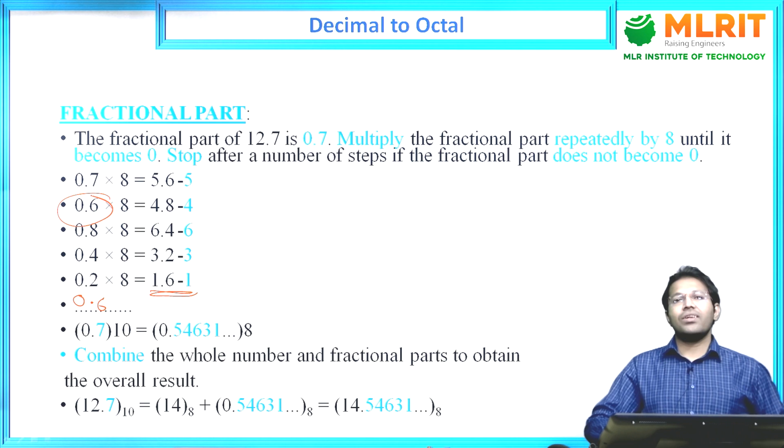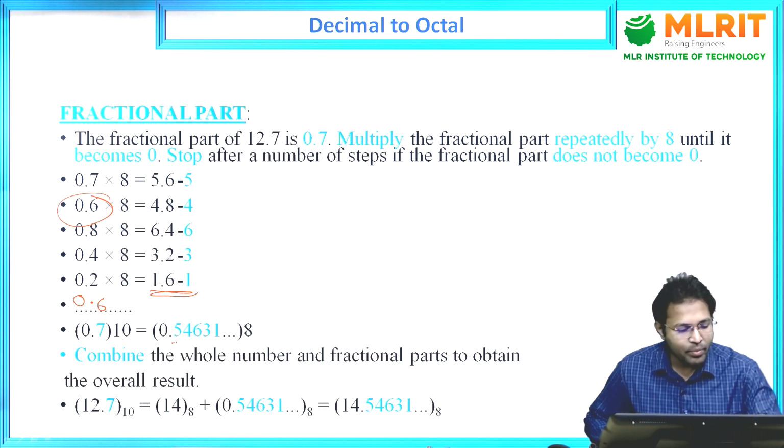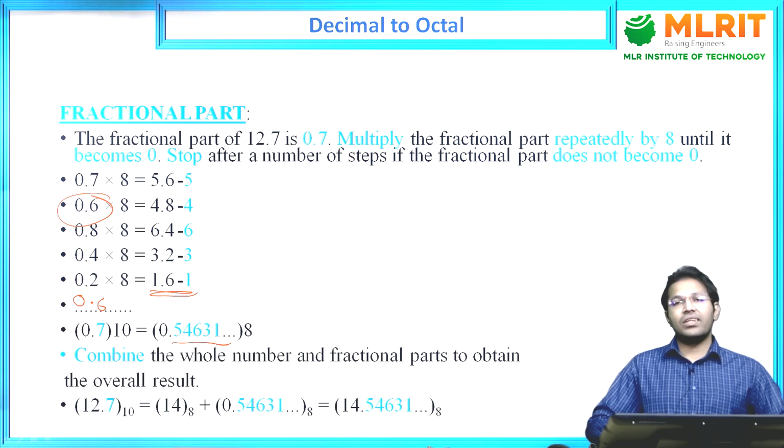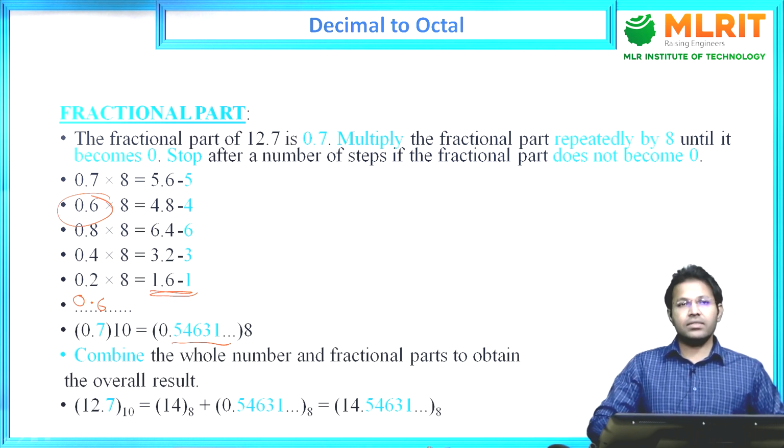So from this what we understand is it is never going to end. You know very well, after the point, whenever you divide, you could get an infinite series of numbers. When precision is not an issue, you will stop with a few digits.